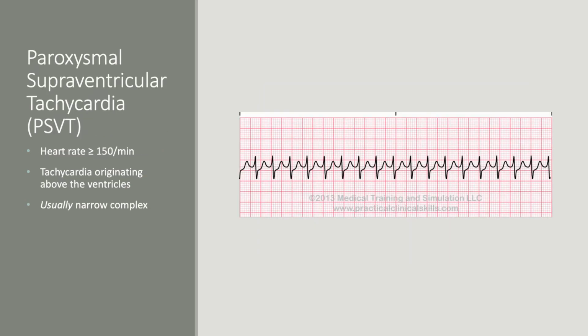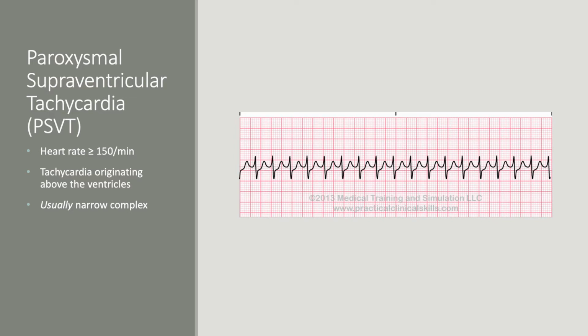Okay? Now there's this thing called PSVT, or paroxysmal supraventricular tachycardia. This is where the heart rate's more than 150. We kind of made that number up, right? Could be 300, could be 160, but it's more than 150. The tachycardia originates above the ventricles, and we know that because the complex is narrow, right?